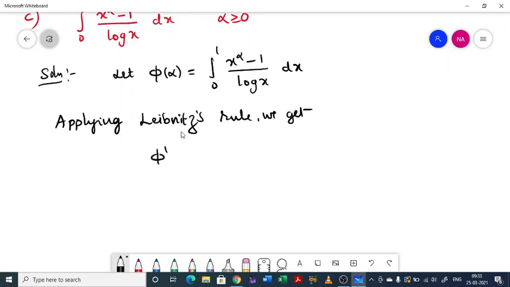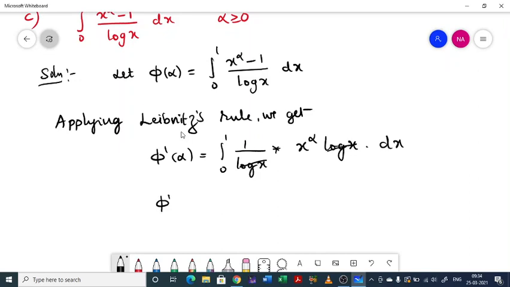phi dash of alpha equal to integral 0 to 1. See, 1 by log x will be a constant term, 1 by log x into derivative of x power alpha minus 1. X power alpha, if you differentiate, you get x power alpha log x minus 0, not necessary to write, into dx. So log x gets cancelled. We will be getting phi dash of alpha equal to integral 0 to 1 x power alpha dx.